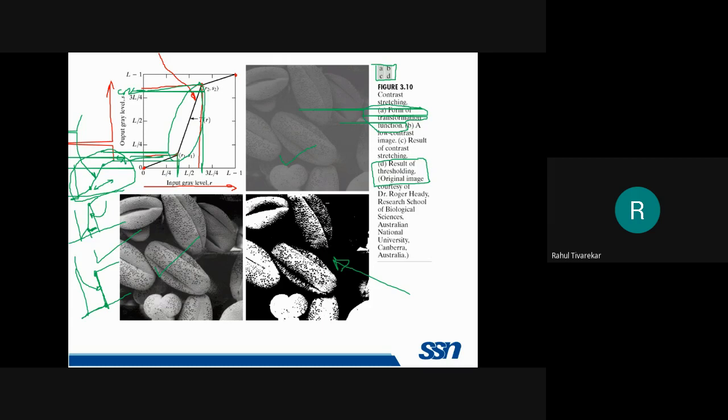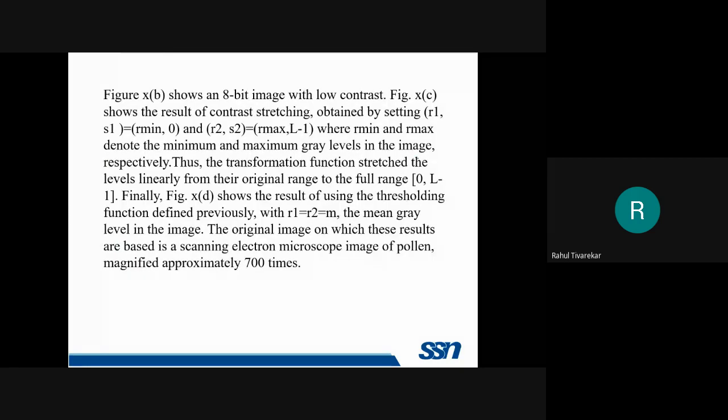I hope you can make out the difference. The description of what I just said is available on this slide. You can see in the last graph we have R1 equal to R2 equal to M. That is the constant threshold value, and hence the image which we see in the last graph is a binary image. The rest of the discussion that we already have had is available in this particular slide. You can read that.